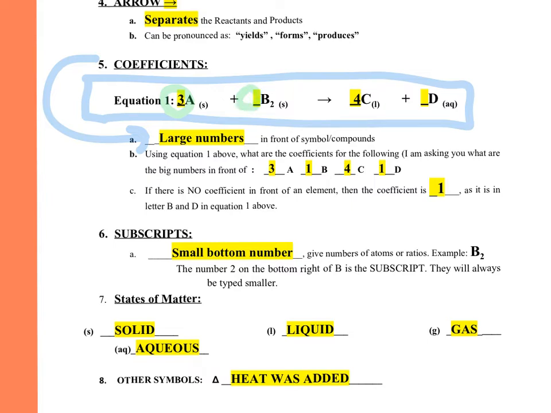Now, if we look at B and D, there is no big number in front of it, okay? So if there's no coefficient in front of an element or compound, then the coefficient is 1, okay? Just by writing the symbol B, it's letting me know that I have that compound there. So I have at least 1. And the same for D. So again, for B and D, if there's no coefficient in front of it, then the coefficient is 1.